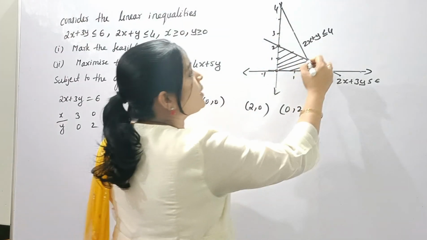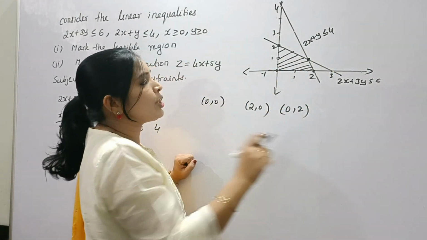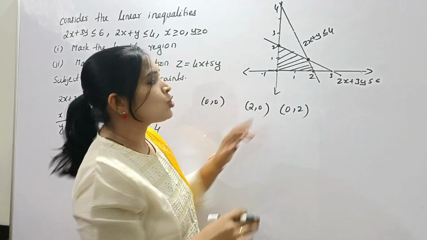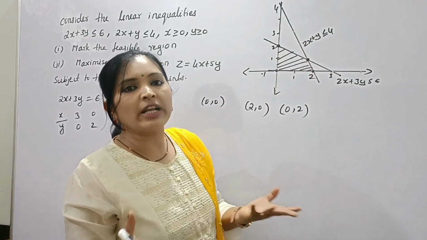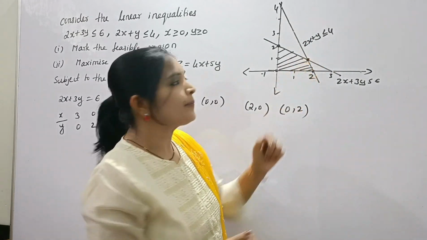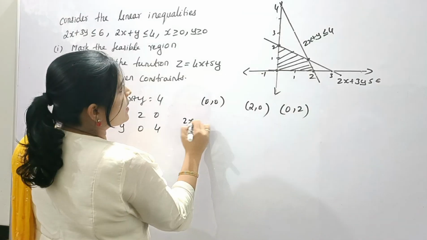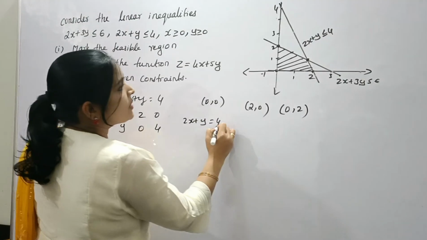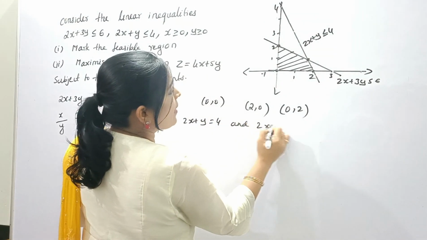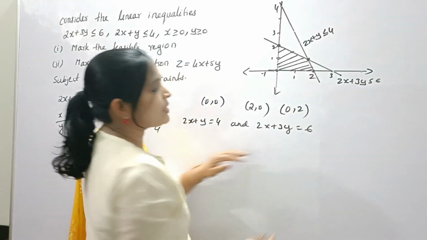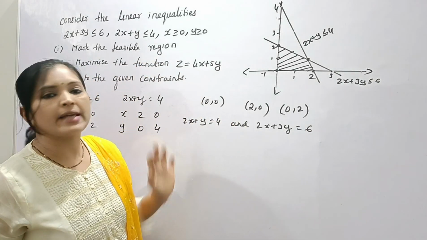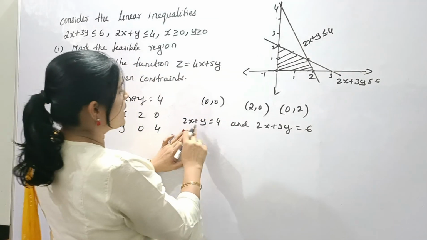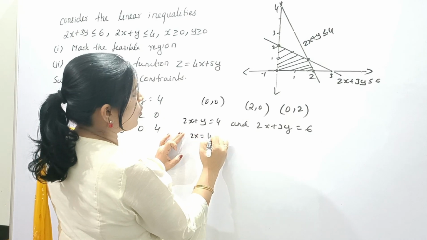This point is nothing but the intersection of these two lines. So by solving these two equations, we will get this point. That is 2x plus y is equal to 4 and 2x plus 3y is equal to 6. By solving these equations, we will get x and y values. 2x is equal to 4 minus y.